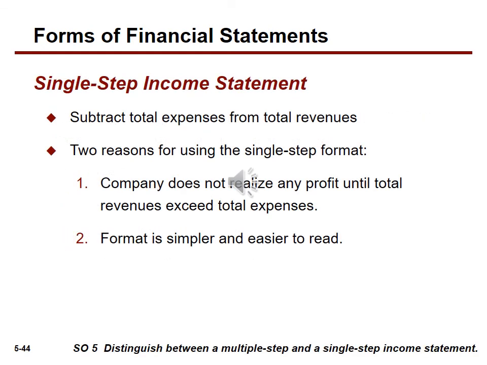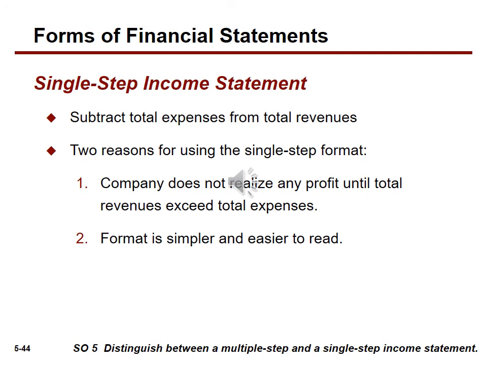Now on the single step income statement, unlike the multiple step income statement, we just subtract the total expenses from the total revenues. There are two main reasons why a company might use the single step format instead of the multiple step format. The main reason is that the format is simpler and easier to read, and the statement is easier to construct.